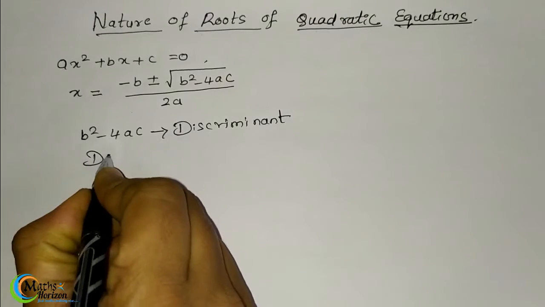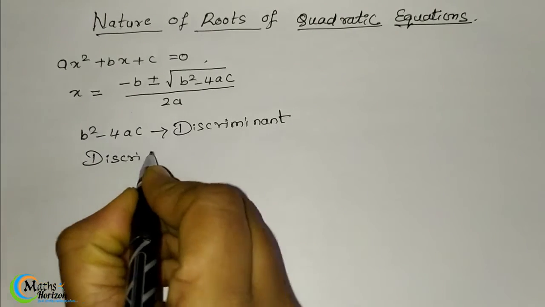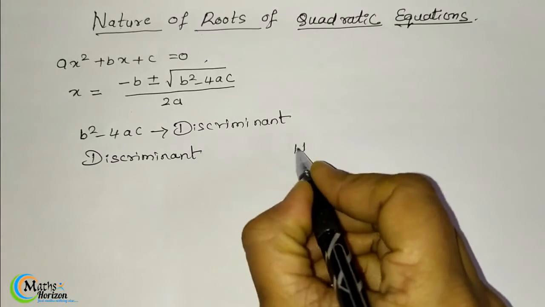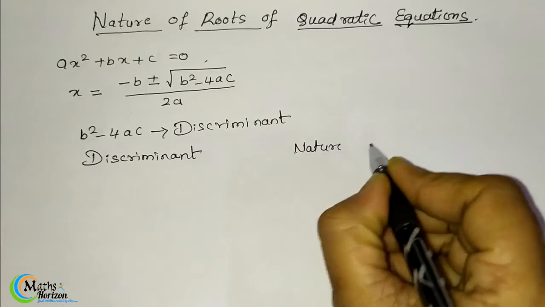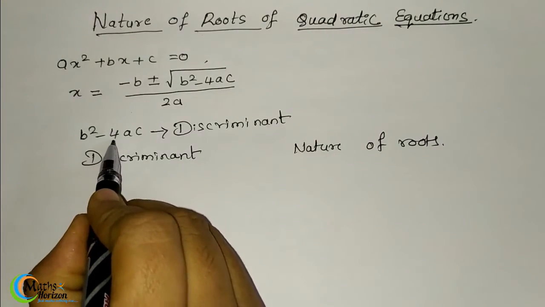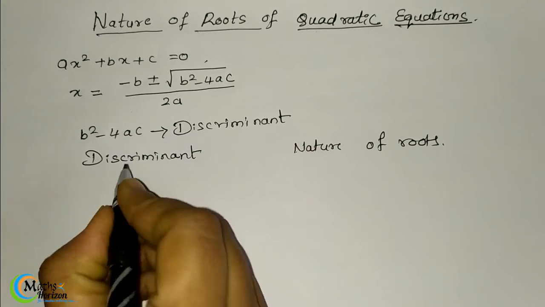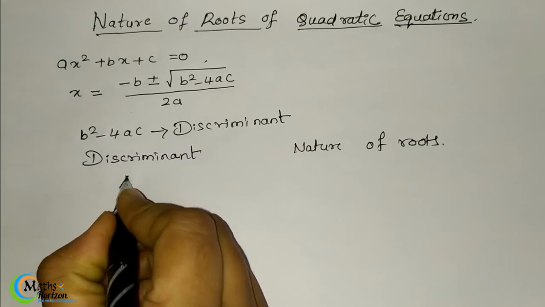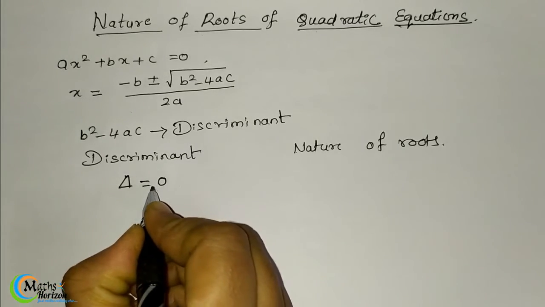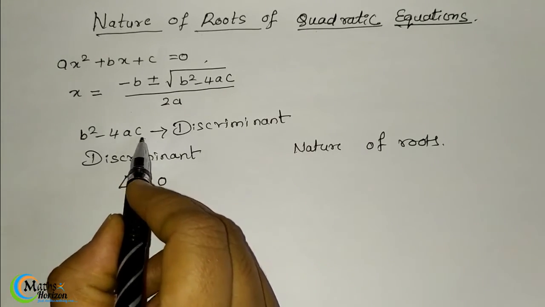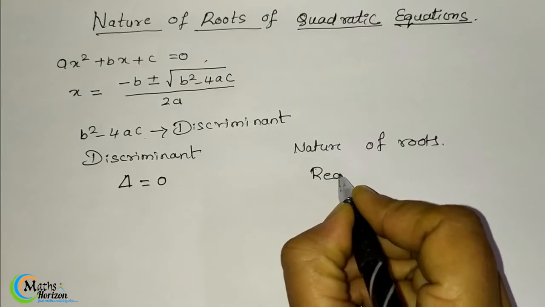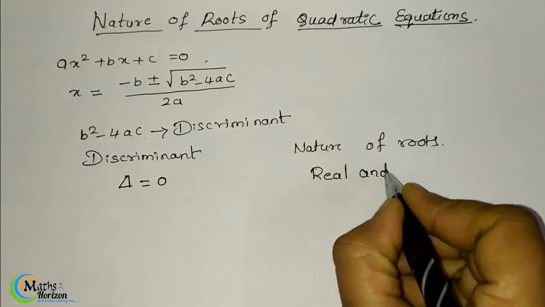The discriminant will decide the nature of roots. The discriminant is denoted by delta. If delta is equal to 0, that means the discriminant value is 0, then the roots are real and same.